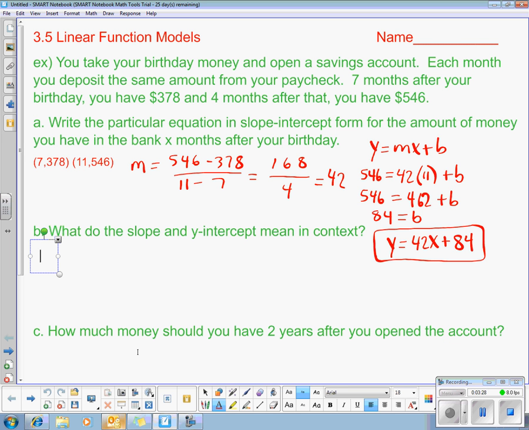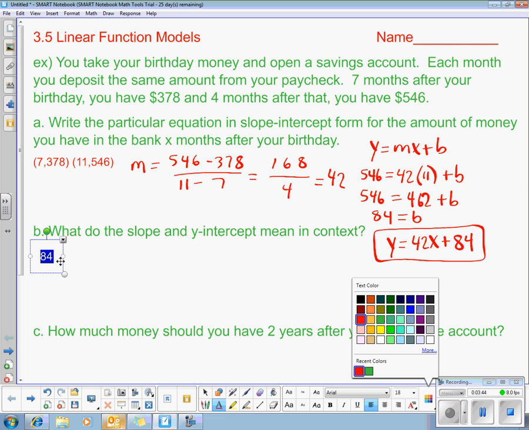And when x is 0, that means time is 0. And time is how much time since you opened your account. So when time is 0, that y-intercept of 84 means that 84 is how many dollars you took to the bank on that first day.